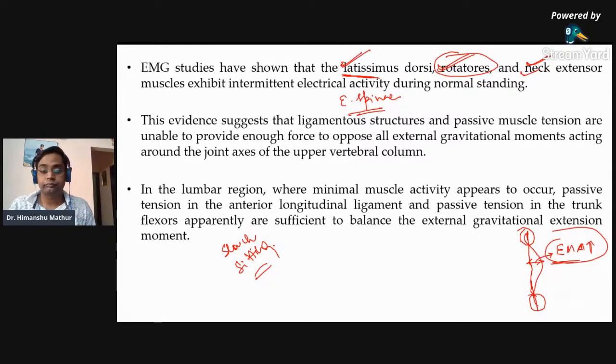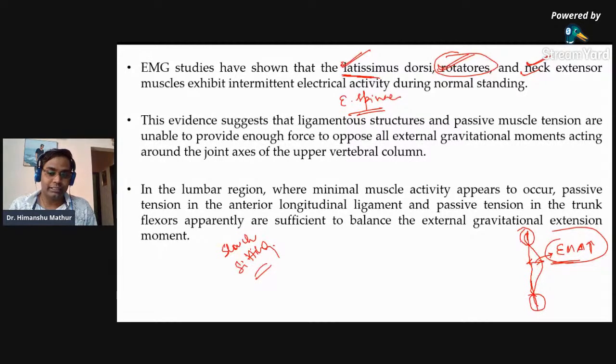So always remember that. Now, in the lumbar region, where minimal muscle activity appears to occur, the passive tension of the anterior longitudinal ligament and the passive tension in the trunk flexors appear sufficient to balance the gravitational extension we have already talked about.